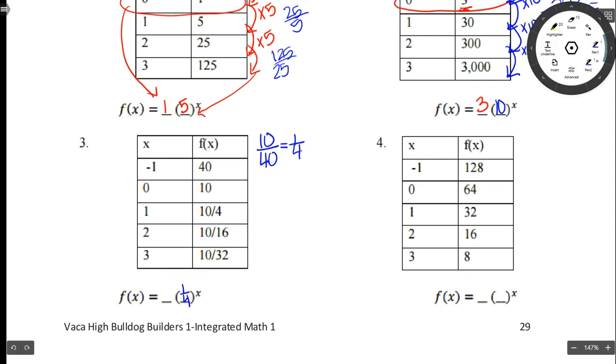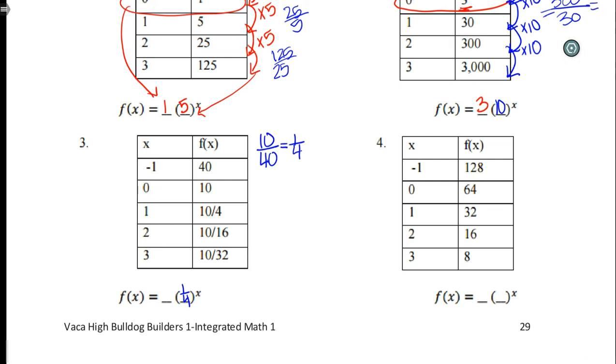And we are going to now look for my starting value. My starting value is where your x is equal to 0, and that is 10. So for this next one here, we're going to be doing the same thing. I like to start off with my starting value, where my x is equal to 0, my y is 64.